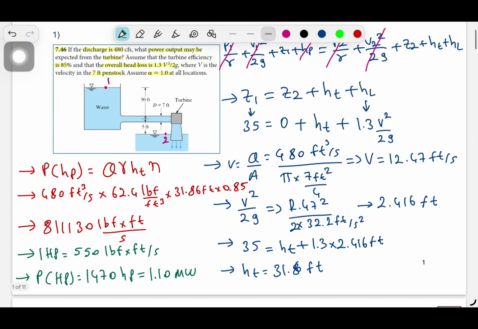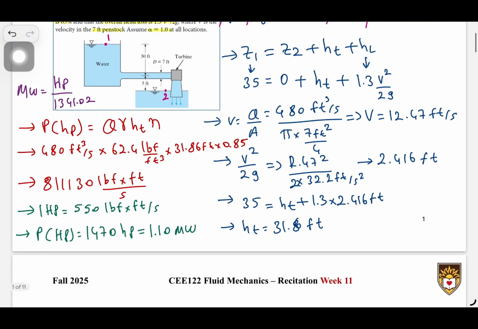Let me write it quickly. So using this relationship, we can calculate the horsepower in megawatts.